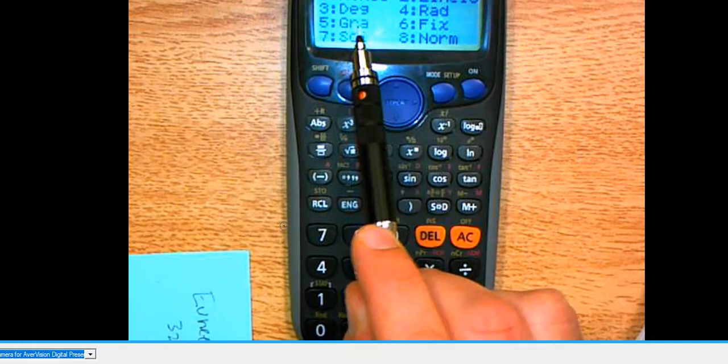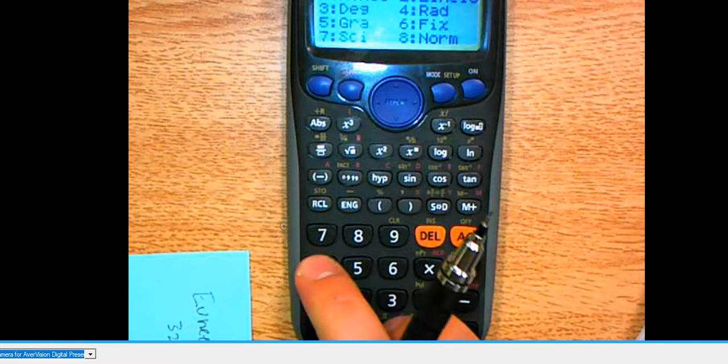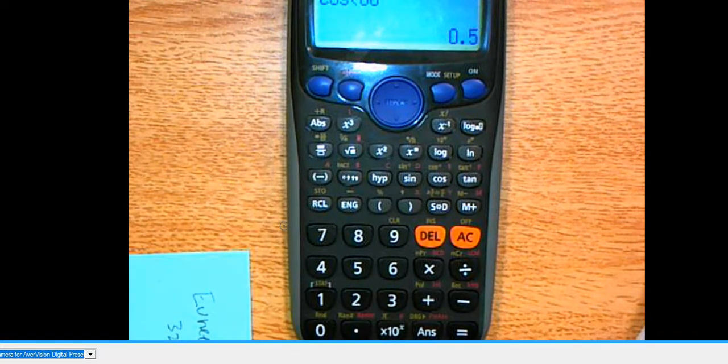We never use gradians, that's a strange one, but we use degrees and radians. So I'm going to switch it to radians. Now if I do cosine of 60, I do not get 0.5. I get something very different, and there's a big reason for that. So try to put your calculator in radians right now. We're not really going to use our calculator for that today, but starting tomorrow we might a little bit.